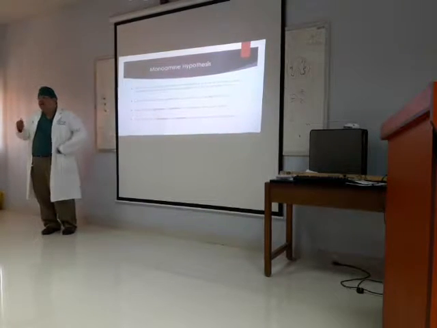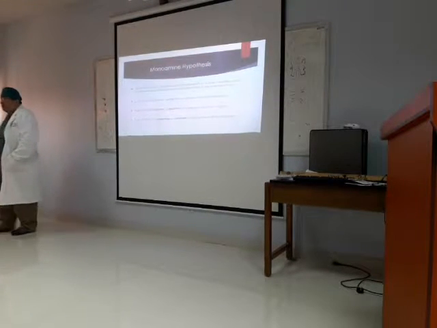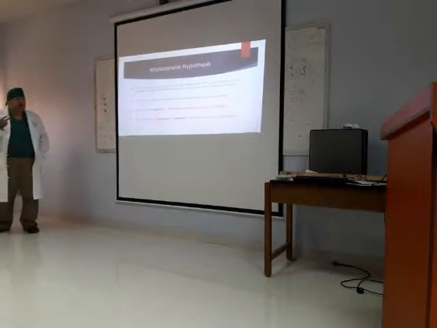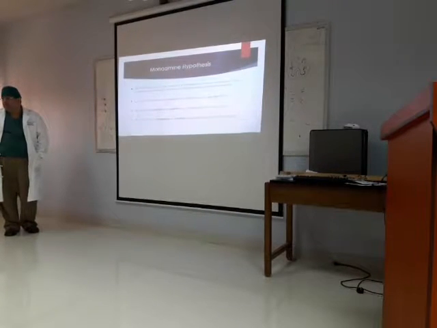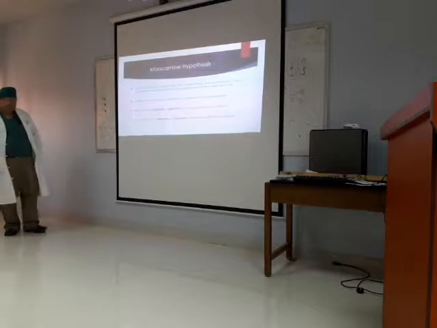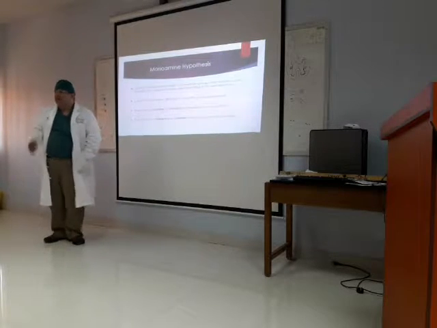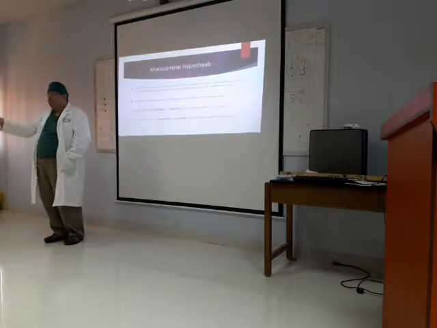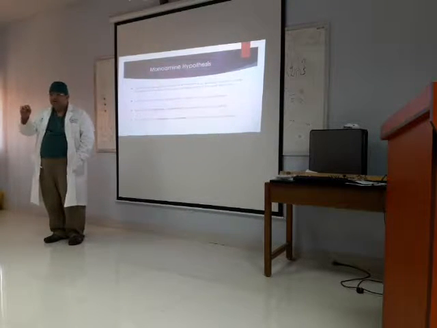If I don't have enough dopamine in the brain, if I don't have enough serotonin in the brain, or if I don't have enough epinephrine, you get depressed. Causes depression. At high levels, you become manic. Talk real fast.